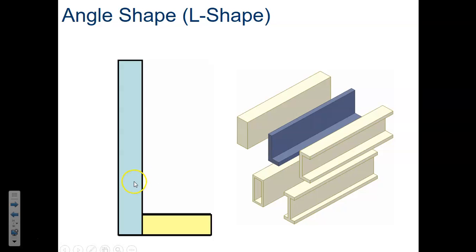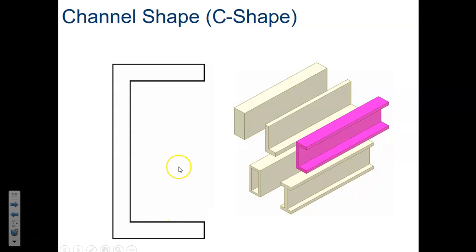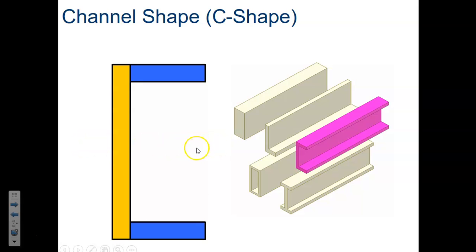Or we can think about adding it. It's the sum of these two rectangles, and that would give us the centroid. So a C channel, we could break this up into three shapes, and add those up together and figure out our centroid. So the centroid is going to be somewhere along this middle axis right here.